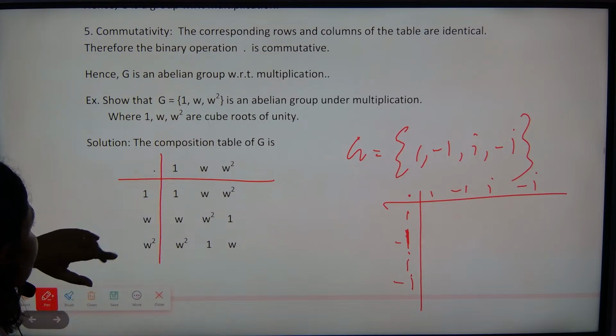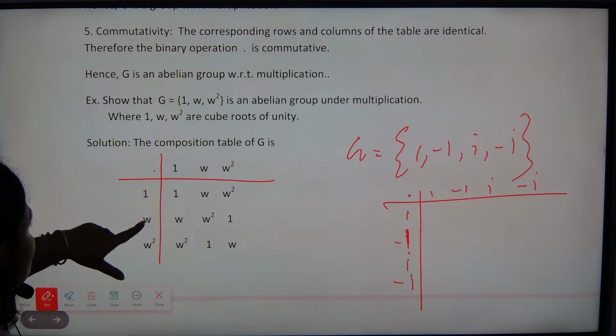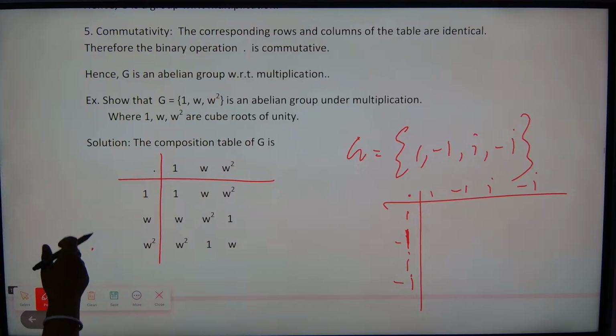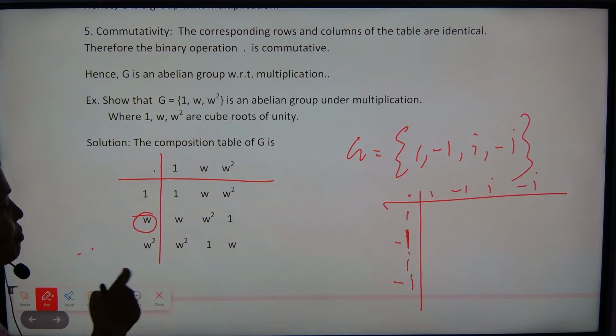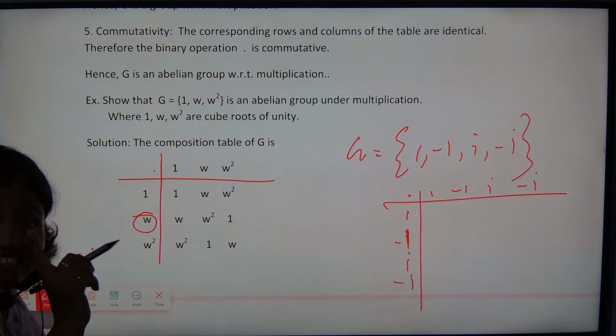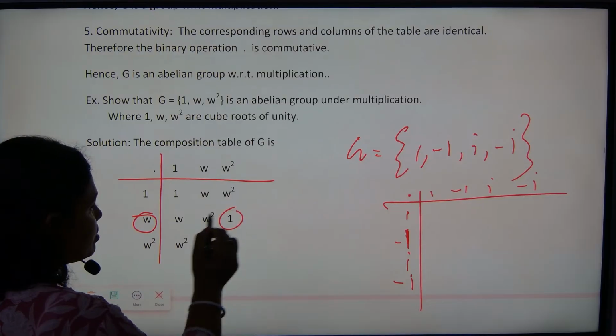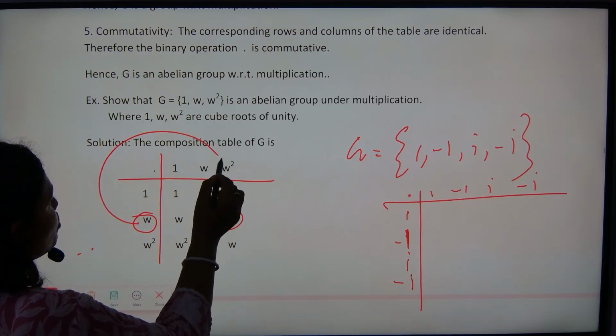Okay, next, find the inverse of omega. Find the inverse of omega. How to find this? What is the inverse of omega? See, find identity element on that row. Here, that means omega square.